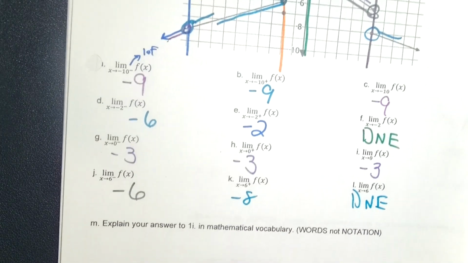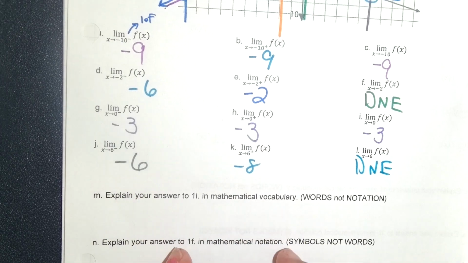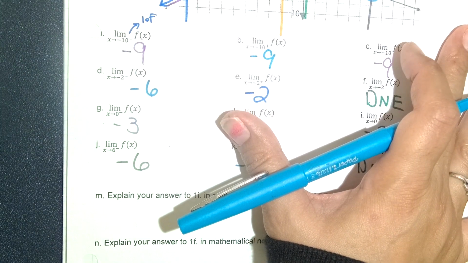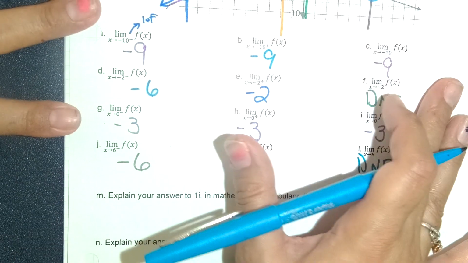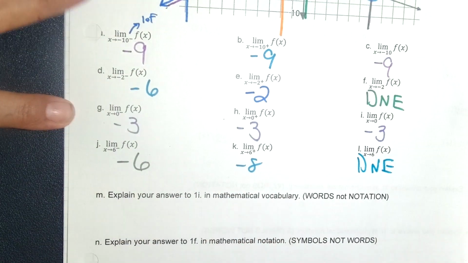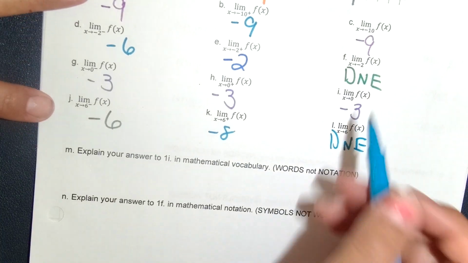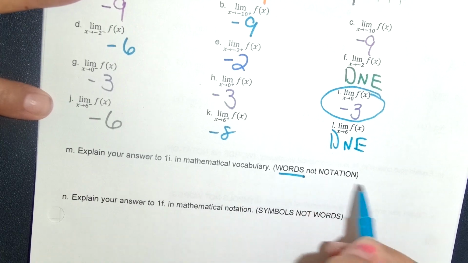Okay, now again, you will not get full credit if you don't answer the 2 questions on the level 3. It doesn't matter if you got all this right. You'll get a 2.5. Capiche? You need to write these. It says explain your answer to 1I. So we're looking for this one right here in words, not notation.